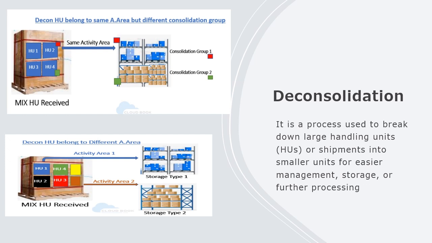Sometimes we'll have a mixed handling unit. You can see handling unit one and handling unit two, which have to go to this activity area, and there's one more handling unit and one more. This is the easy way to understand the process, where large handling units or small parts are broken down for easier management of storage or for the put away process.